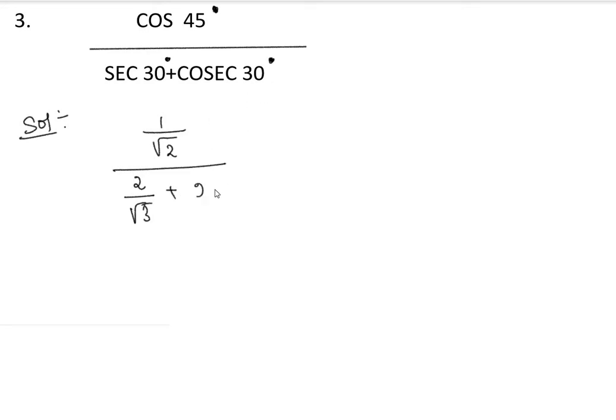Cosecant 30 value is 2. Now the next step is 1 by root 2. Taking the LCM of this one, I'll get 2 plus 2 root 3 by 3 root 3.